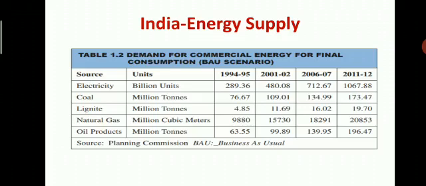Billion units are given for the years 1994-95 up to 2011-12. In 2011-12 electricity generation was 1067.88 billion units. After that the other figures using coal, lignite, natural gas and oil products are also in front of you.